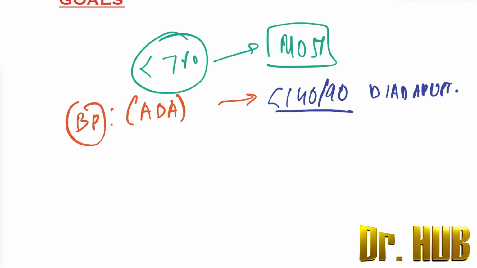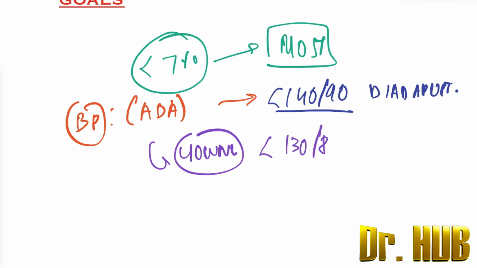And for younger individuals, it should be less than 130/80.